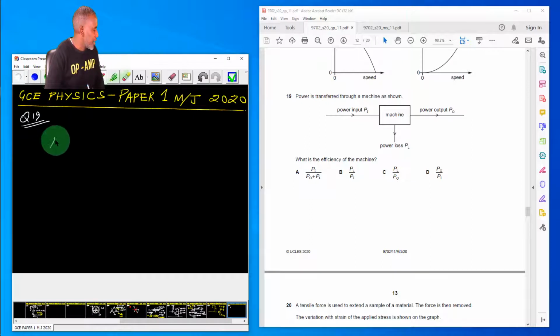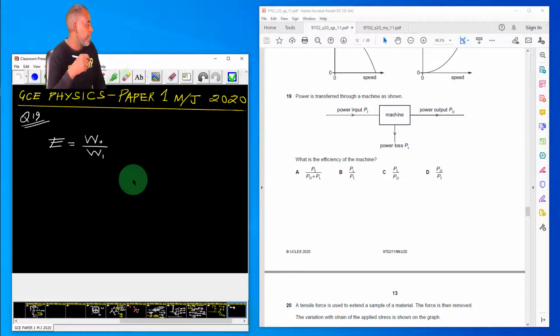Now, efficiency of a machine is usually the ratio of the output power to the input power expressed as a percentage. Sometimes you might just leave it as a ratio, or express it as a percentage.